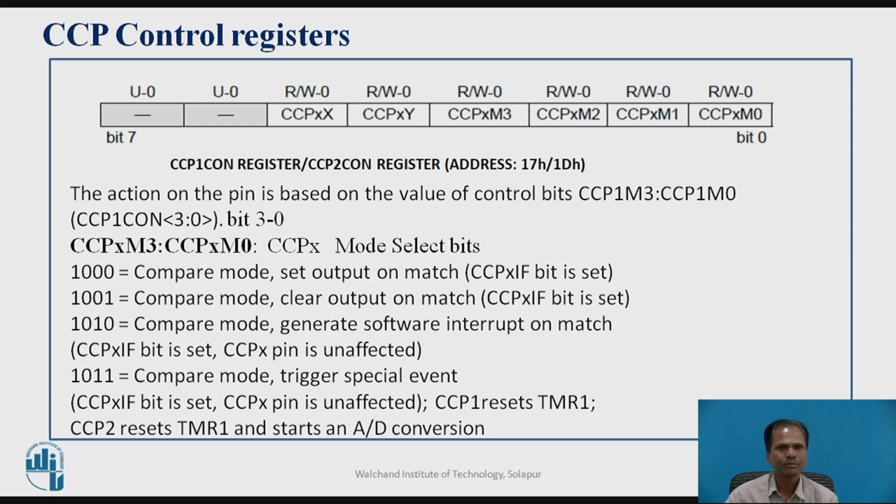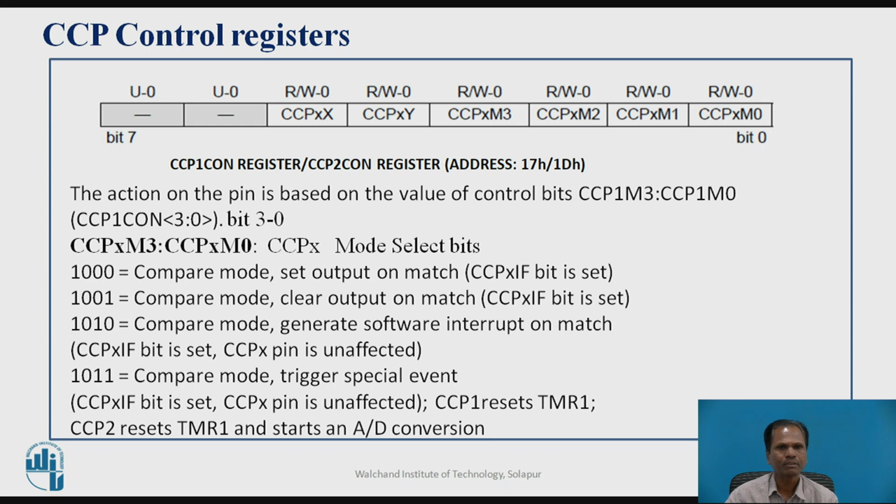Then 1001, compare mode, clear output on match. So the first combination is used to set the output and the second combination is used to clear the output whenever the event takes place. Then 1010, that is compare mode, generate a software interrupt on match.